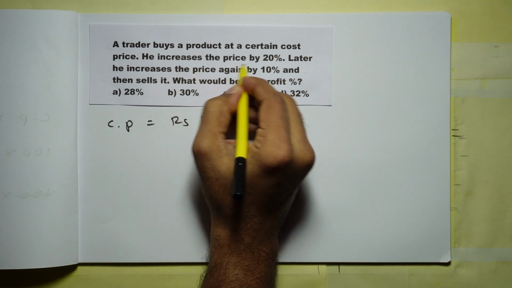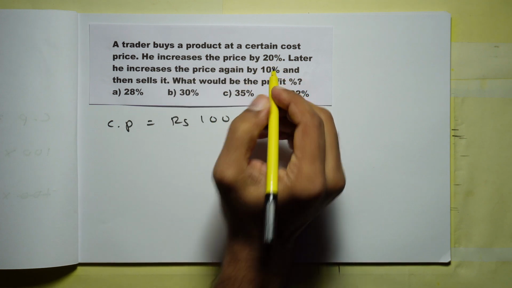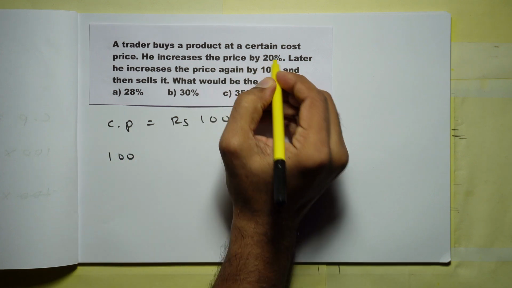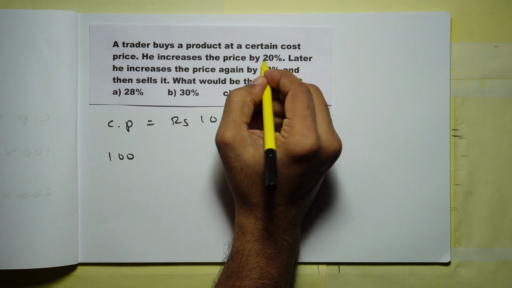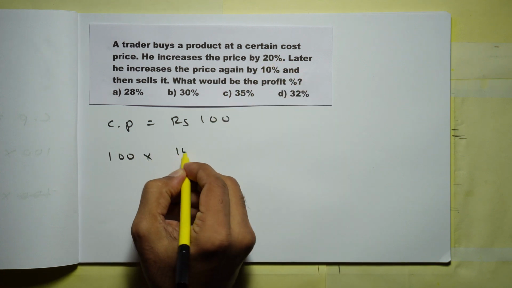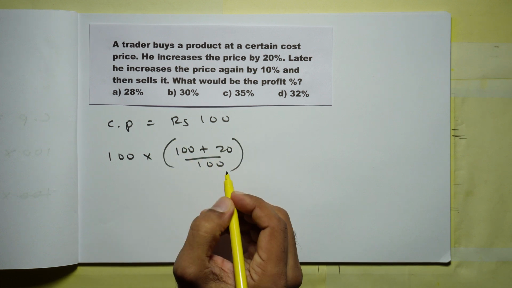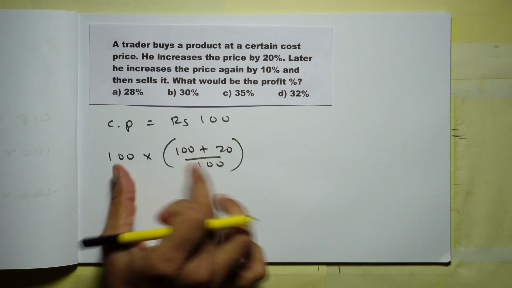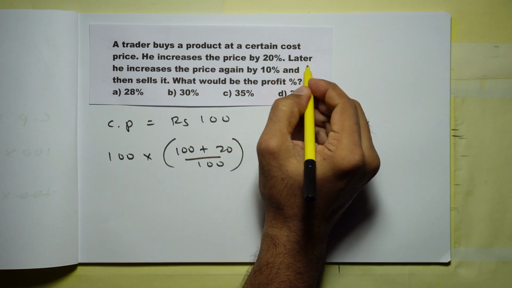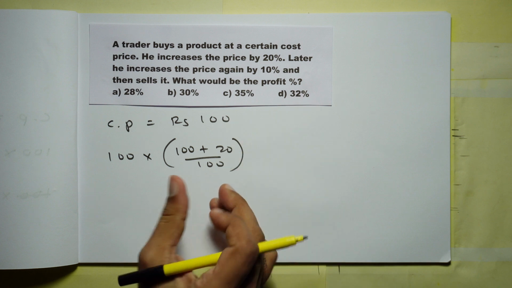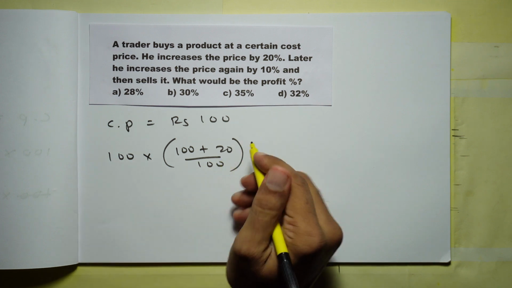Now he increases the price by 20%. So the initial cost price is 100. He increases that value by 20%. To increase it by 20%, you have to multiply by 100 plus 20 by 100. So this is the value increased by 20%. Later he increases the price again by 10%. So this value he increases by 10%.